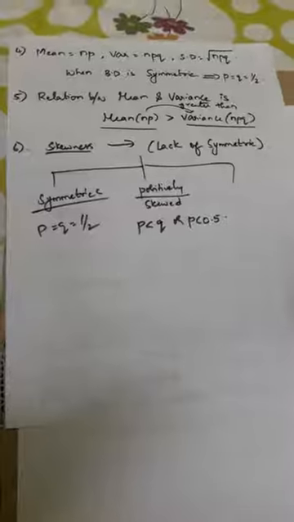If the p value, the probability of success, is less than 0.5, or if p is less than q, we can say it is positively skewed. Next one is negatively skewed. That means p greater than q or p greater than half. So it is negatively skewed.